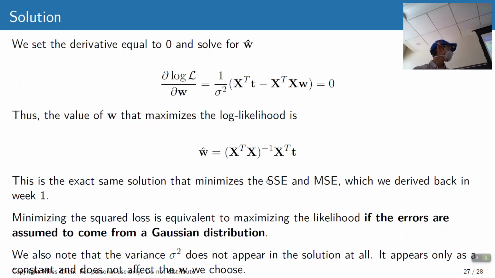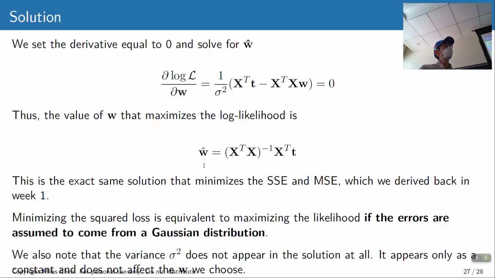And also an interesting thing to note is that the solution of W hat does not depend on the variance, okay? So the variance sigma squared does not show up in the solution at all, and therefore, whatever the variance is, it doesn't affect what values of W hat we end up choosing.